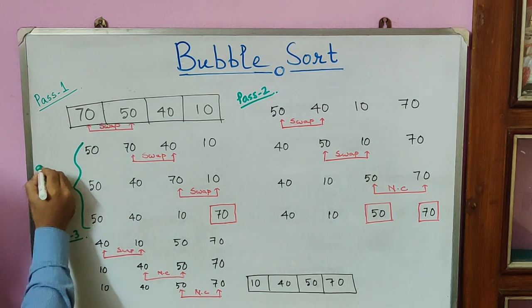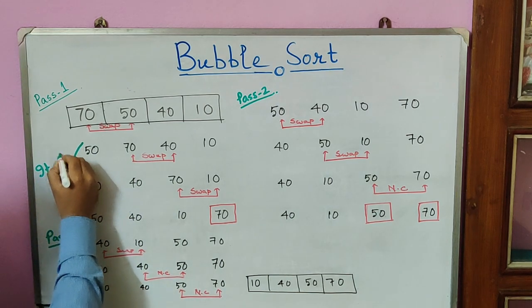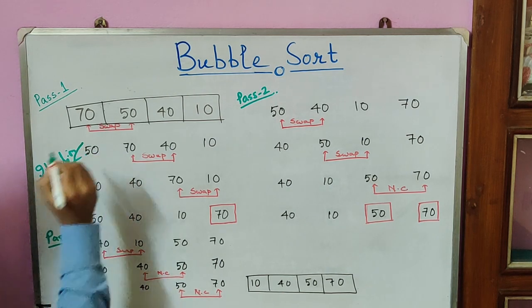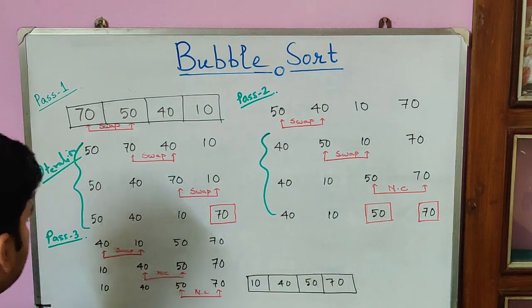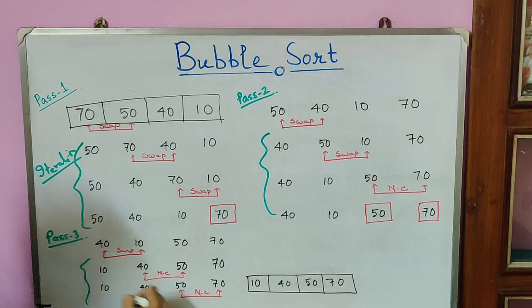In the programming part you can see here we need 3 iterations, here also 3 iterations.